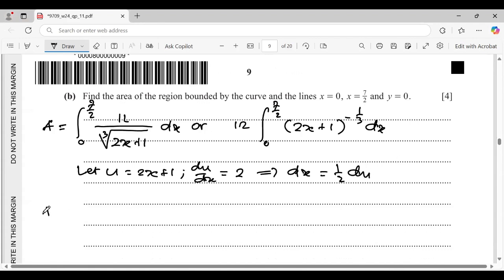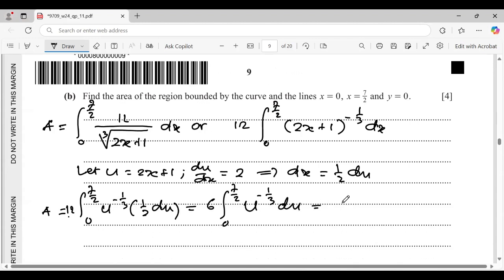So we can determine the area: 12, 0 to 7 half, u power minus 1 third times 1 half du, because dx equals 1 half du. So 12 times 1 half equals 6, the integral from 0 to 7 half of u power minus 1 third du.